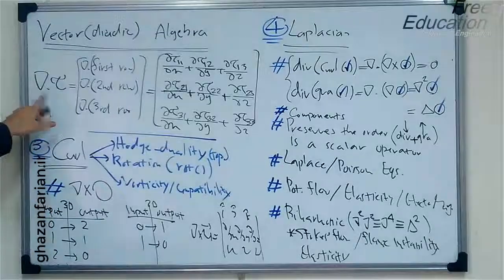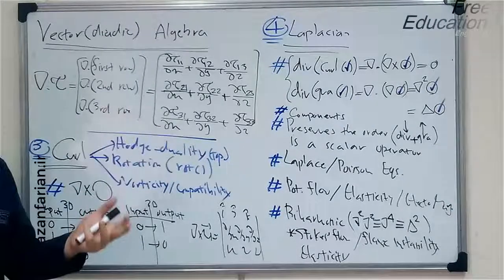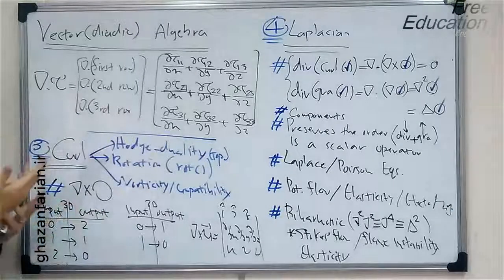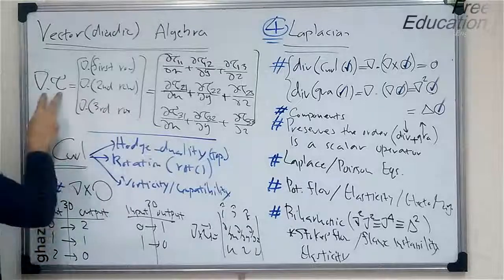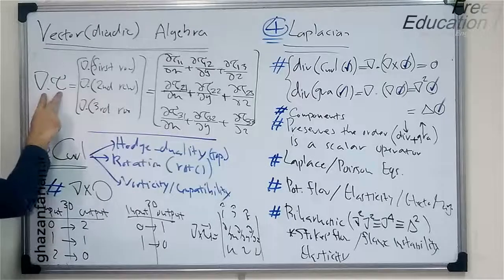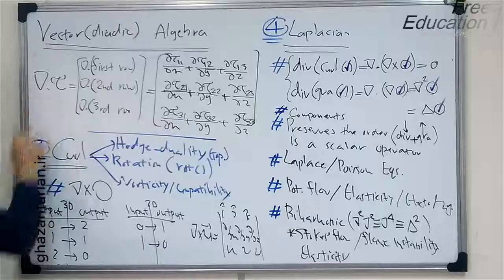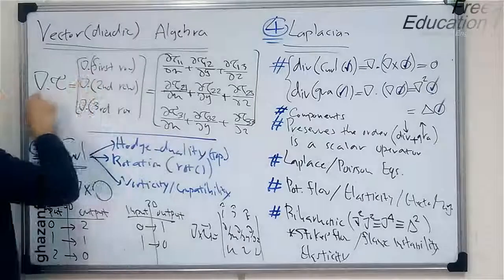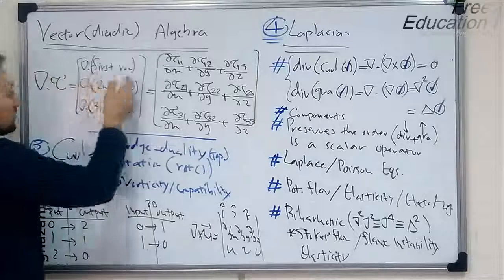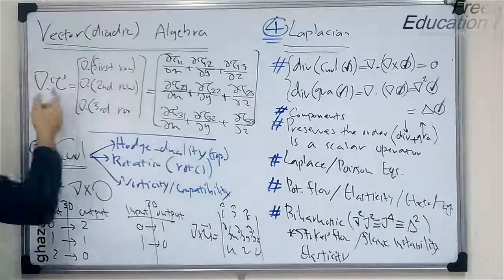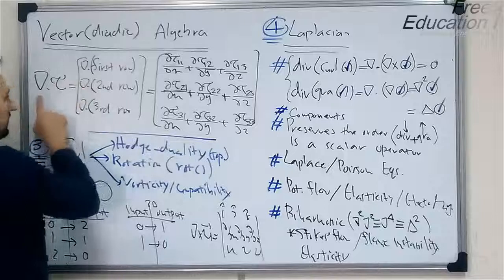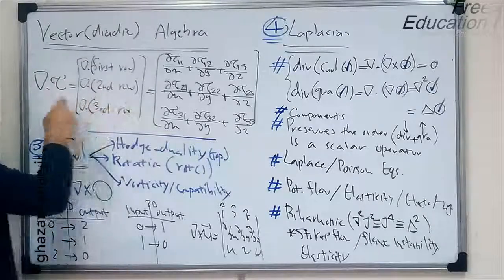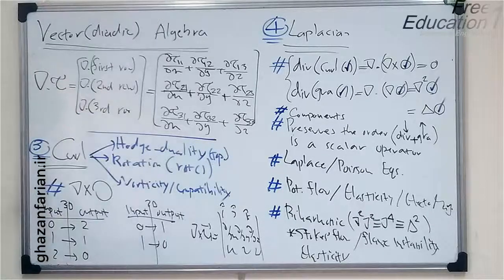When you want to compute the divergence of a tensor, or generally when you want to compute the dot product or the contracted product of a vector and a tensor, you have to compute the dot product of the vector to the first row of the tensor, the dot product of the vector to the second row of the tensor, and similarly for the third row.